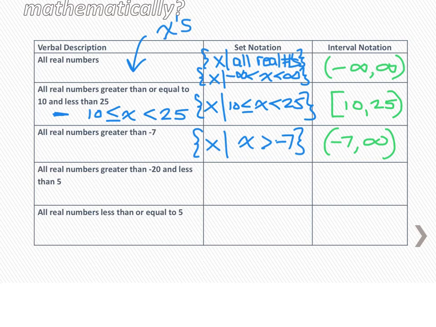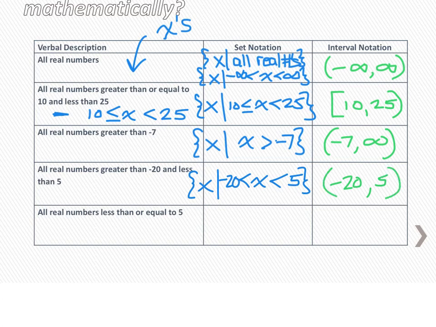All real numbers greater than negative 20 and less than 5, we have another compound. So we have the set of x values such that x is less than 5 and greater than negative 20. Close the set. In interval notation, our minimum is negative 20, our maximum is 5, and both are open.